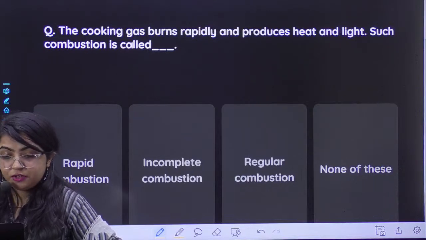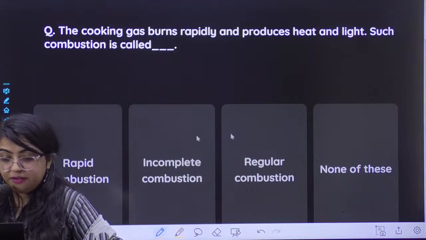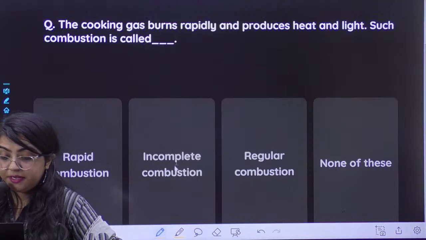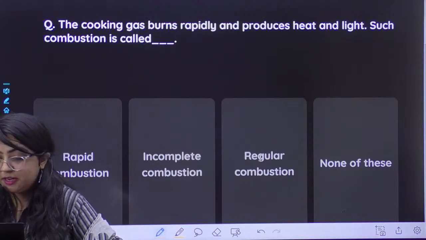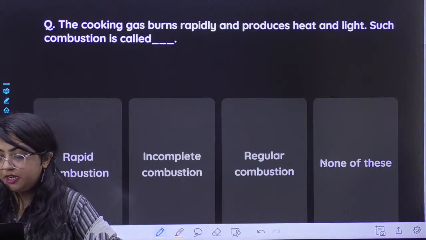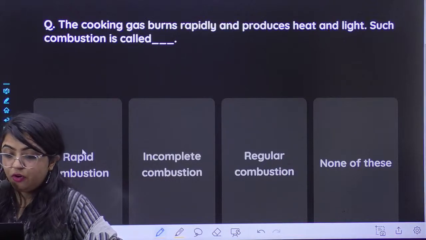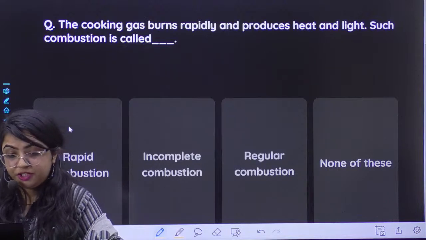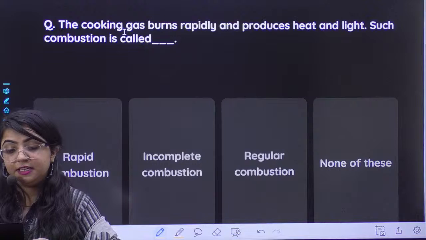Such combustion is called. So we need to find which type of combustion it is. Option A, rapid combustion. Option B, incomplete combustion. Option C, regular combustion. And option D, none of these. So out of all these four options, we need to find which type of combustion it is when a gas is burned.